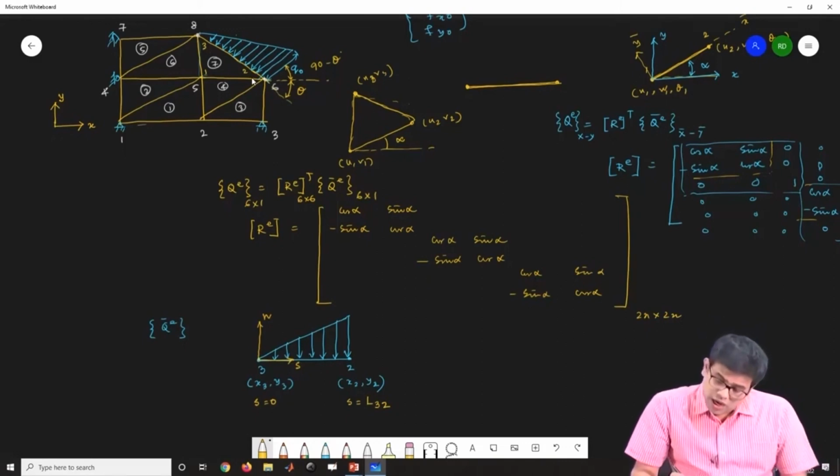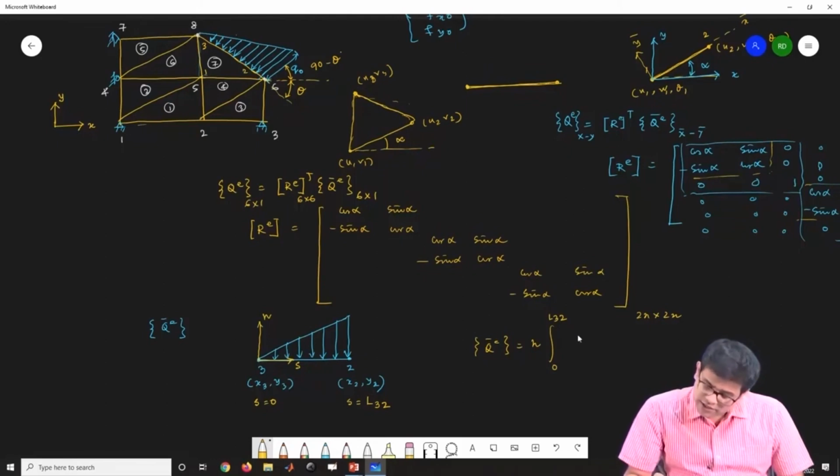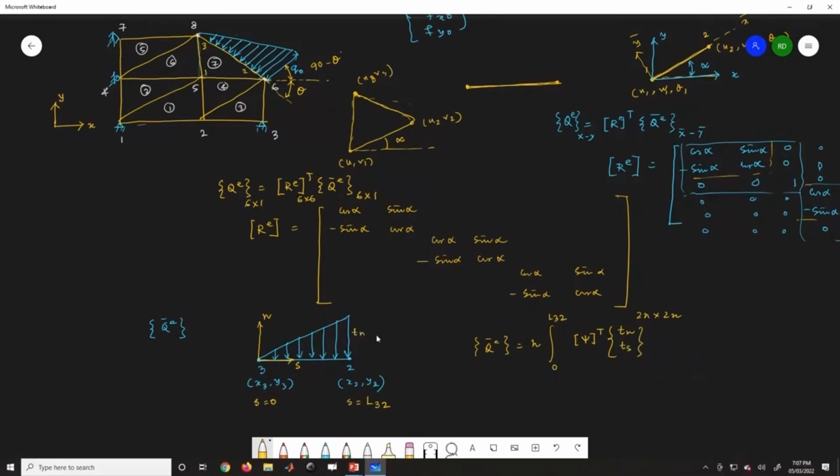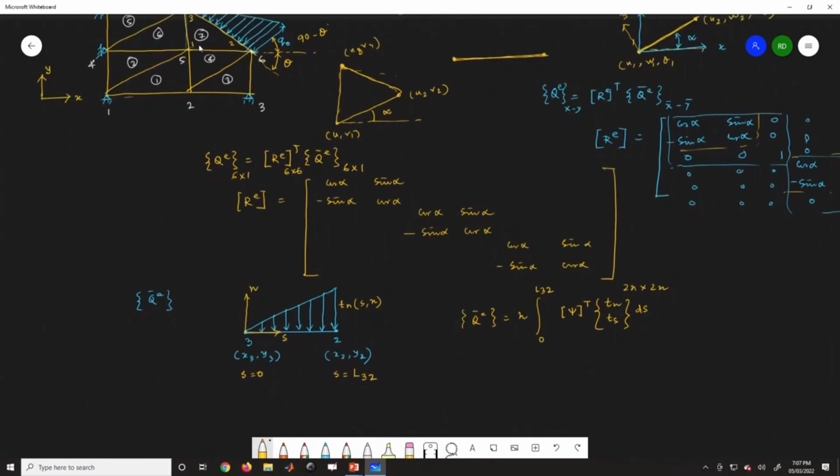So now your integral is essentially your q bar E equals h integral 0 to L32, psi transpose, then Tn and Ts, this is a function of s and n, and ds, as I want to integrate along this line. Now what about the other two contributions, that is the lengths of 1 2 and 3 1?